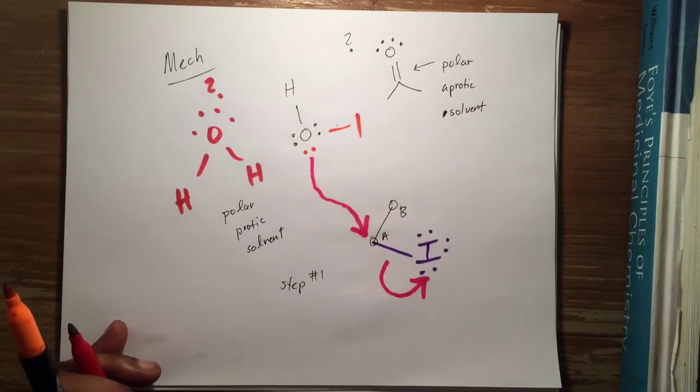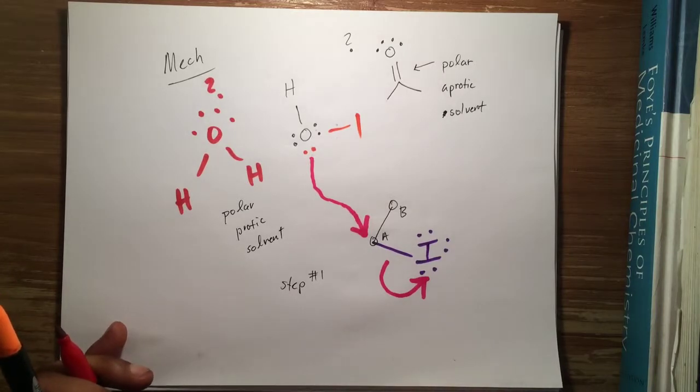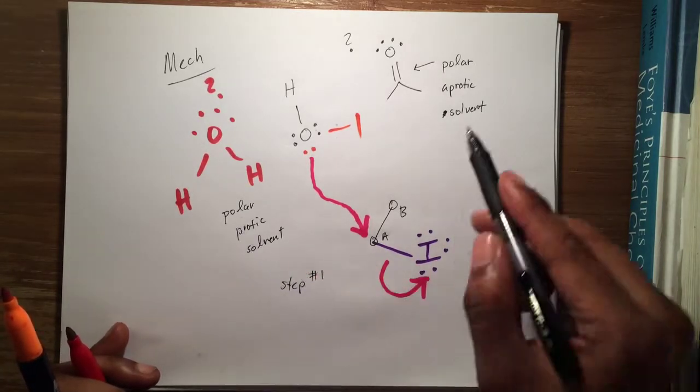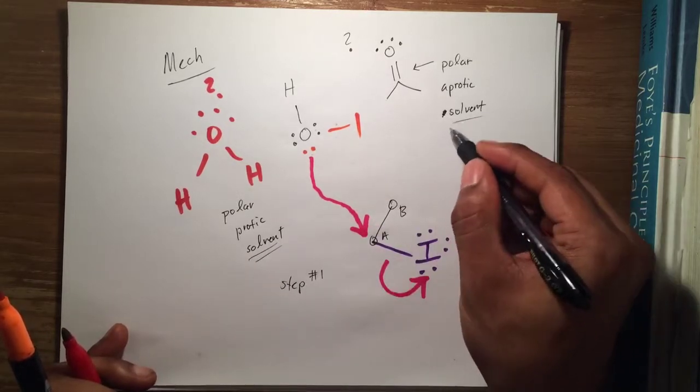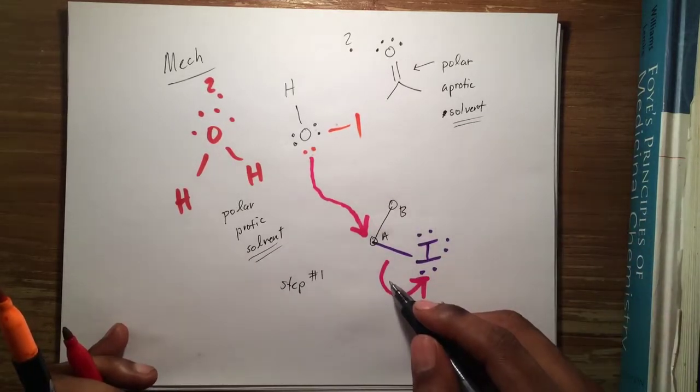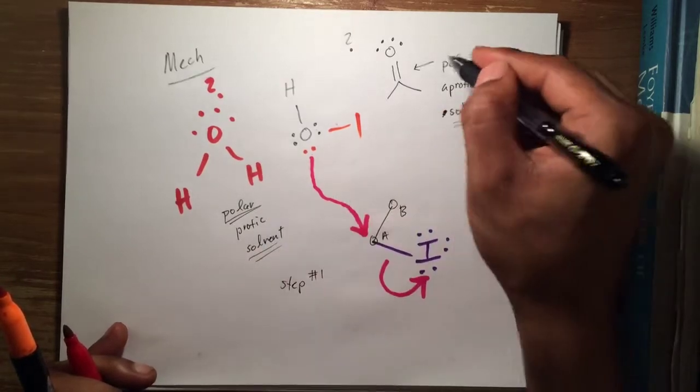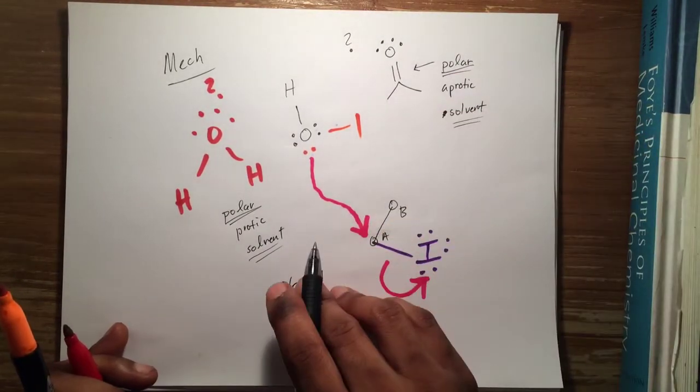Okay, so let's identify the three words in this chemical concept, I guess. So first, let's look at solvent. Both of them are solvents. That's why solvent is in the word. Both of them are polar. That's why polar is in the word. Let's see why both of them are polar.